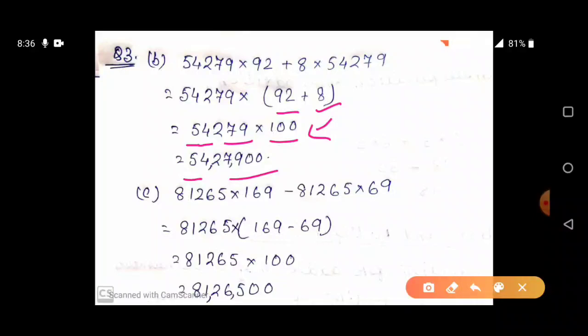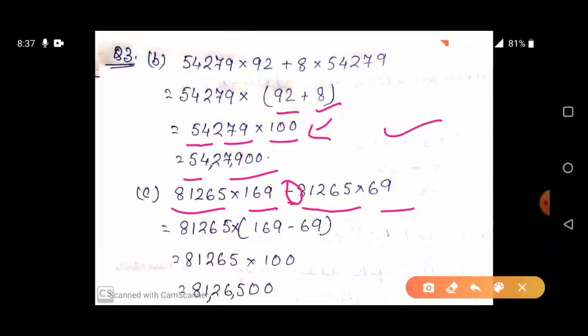Question number D is 81,265 into 169 minus 81,265 into 69. Here minus sign is given. So this is also the same as we have done in question number B. Only the difference is we have the minus sign here.